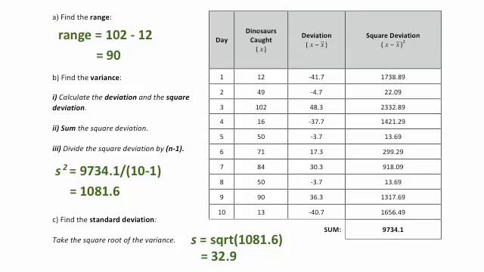So what this tells us is that my mean is 53.7, and one standard deviation of the mean is plus or minus 32.9 dinosaurs. So I catch 53.7 dinosaurs per day, but that value could differ day to day by plus or minus 32.9 dinosaurs.